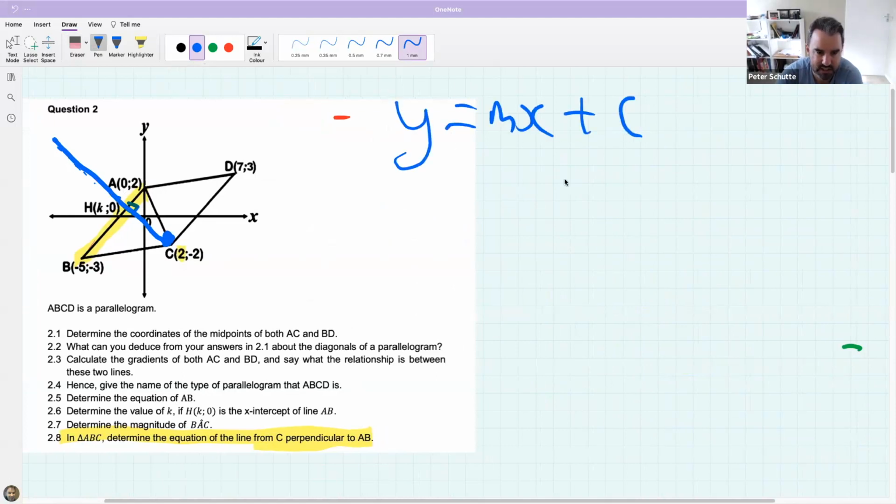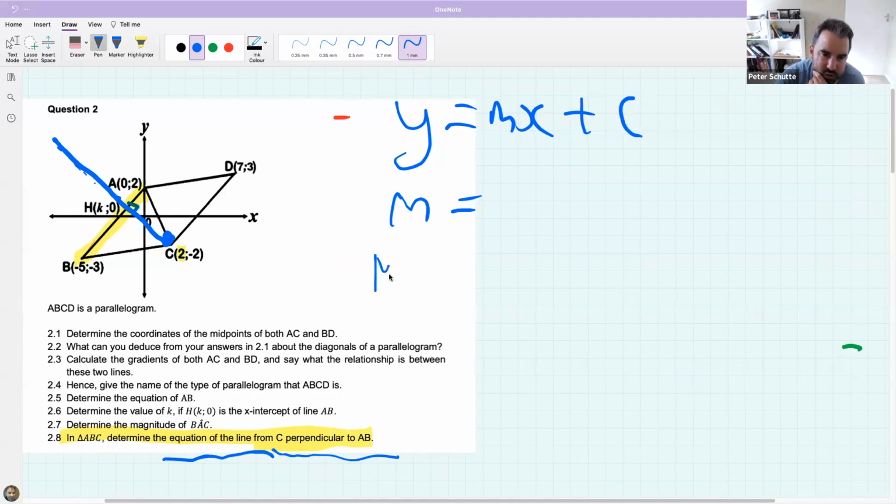Who has some ideas for how I would find M? How am I going to find the gradient of this blue line? What information in the question could help me find the gradient of M?